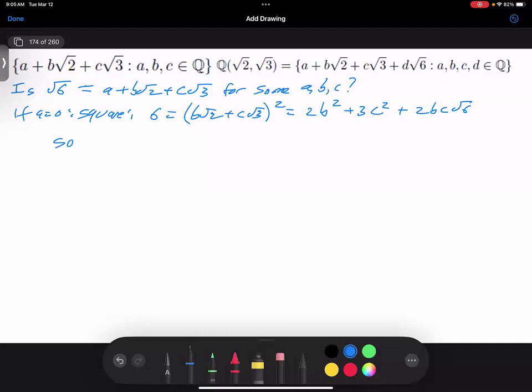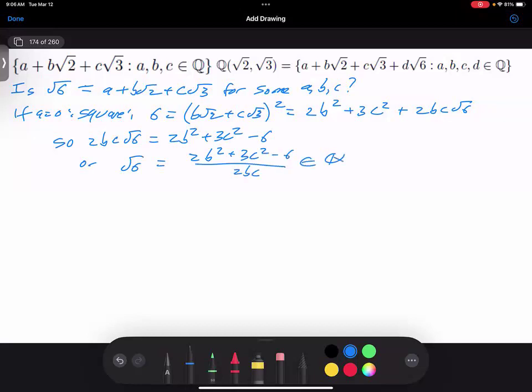So in this case, we would get 2bc square root of 6 is equal to 2b squared plus 3c squared minus 6, or the square root of 6 is 2b squared plus 3c squared minus 6 over 2bc, which is a rational number, a contradiction. So is everybody comfortable that the square root of 6 is not rational? Has everyone seen a proof of this?